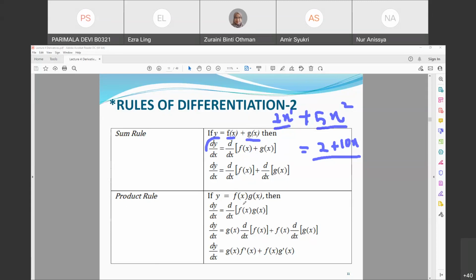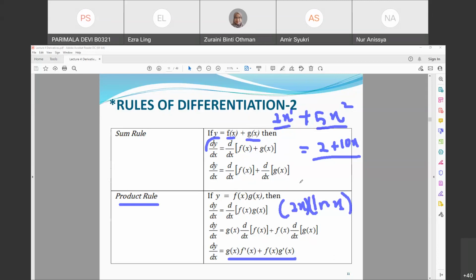Then we have product rule. Product rule ni selalunya it is involved like this. Contohnya ln x, dan kat depan ni ialah 2x ln x, which is it involve two things. Dua benda. Okay, then we solve it by using product rule. Product rule ialah rumus dia macam ni.